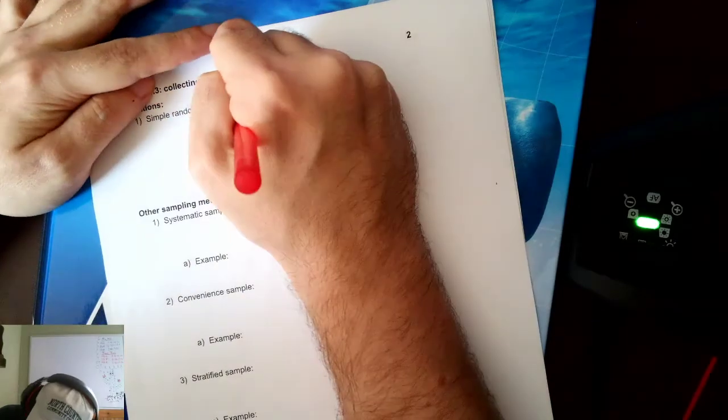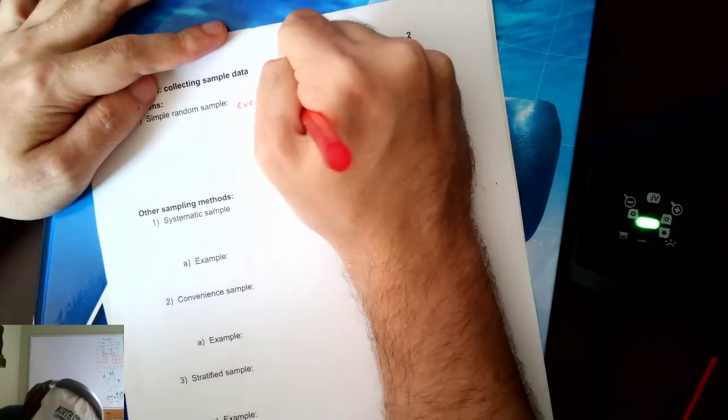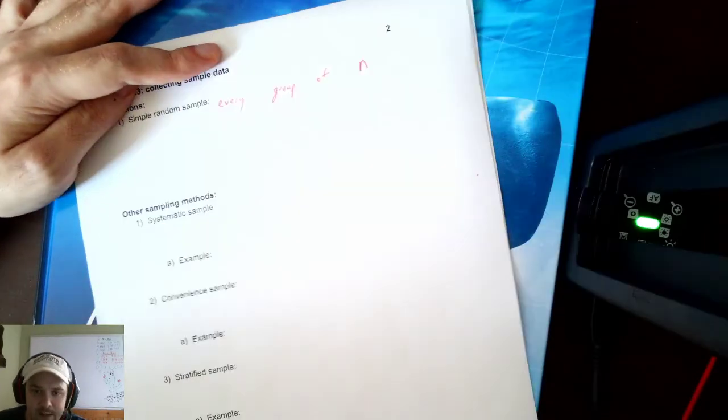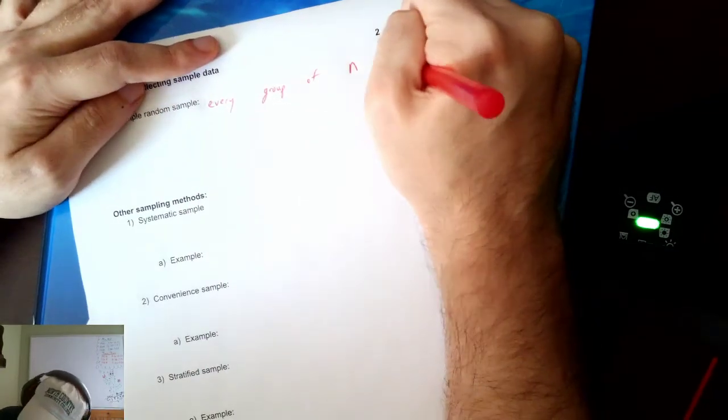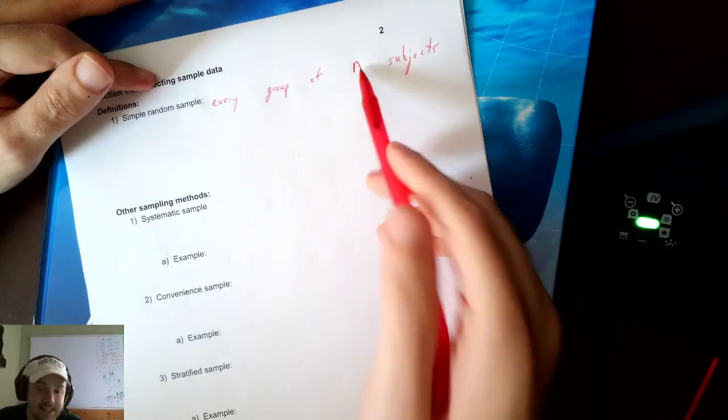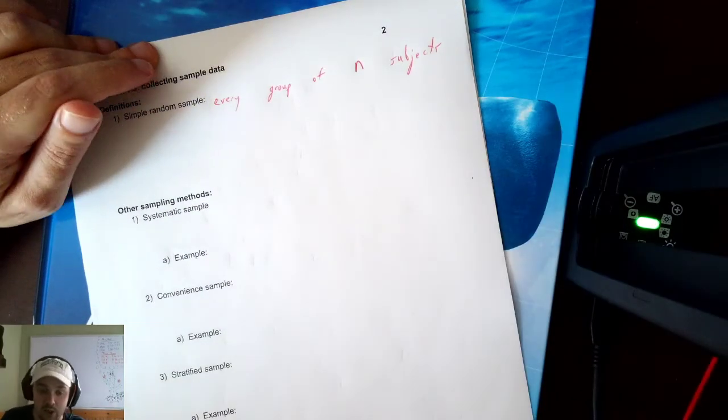Here, every group of some number of subjects, let's say n, maybe it's 50 people, every group of whatever size, n is the size of the group, right? Maybe it's 50, maybe it's 100, who knows?